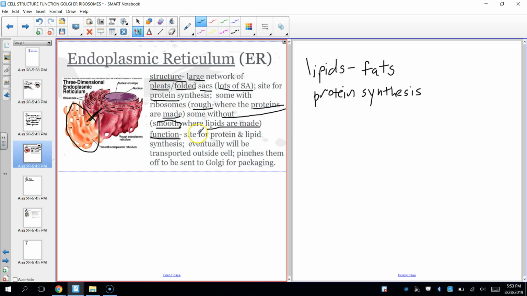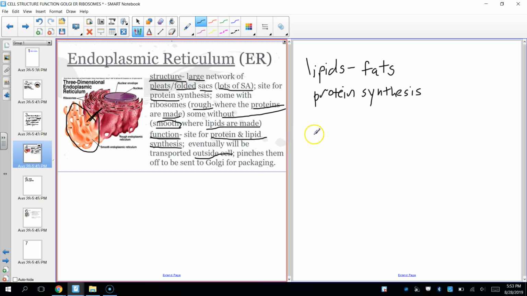The function of it is that it's the site for protein and lipid synthesis. And then eventually these things will be transported out of the cell, and then they go throughout the body wherever they're needed, okay? But it does that and sends it to the Golgi.